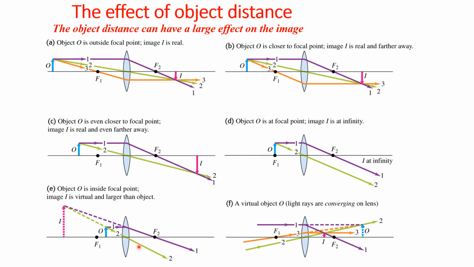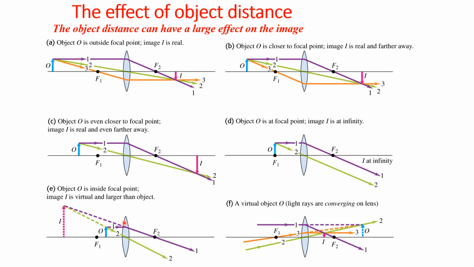Since they don't meet and they are not parallel, we need to find their prolongation in the first medium. Then the prolongation of refracted ray number 1 and the prolongation of refracted ray number 2 meet on the left side of the lens. Where they meet is where the image is formed.